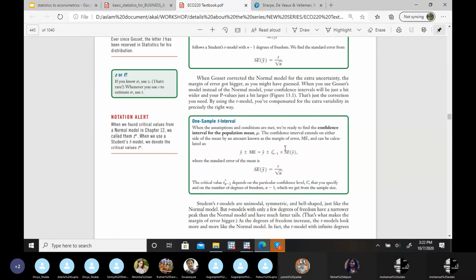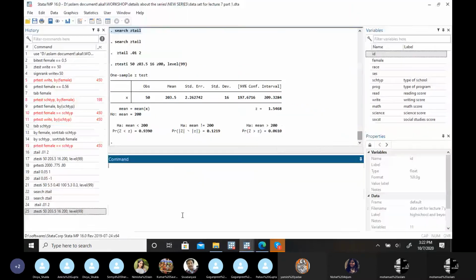Then you have to multiply that with the standard error, the standard deviation of the sample statistic. If you plus minus these values with your sample statistic, that's your confidence interval. And if your null hypothesis population parameter lies within the confidence interval, then you have to accept the null hypothesis, otherwise you have to reject the null hypothesis.